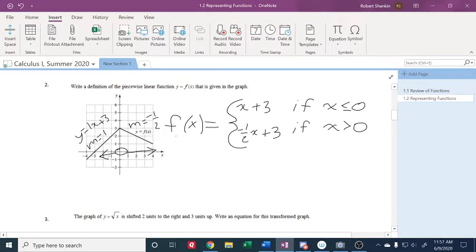Now, it's kind of interesting. Some folks could look at this, and when we first teach piecewise functions in, let's say, a college algebra class, I always get a number of students who want to characterize one half of the graph by the y-coordinates. They're going to say, all right, when y is less than 3, then we're over here on the left.